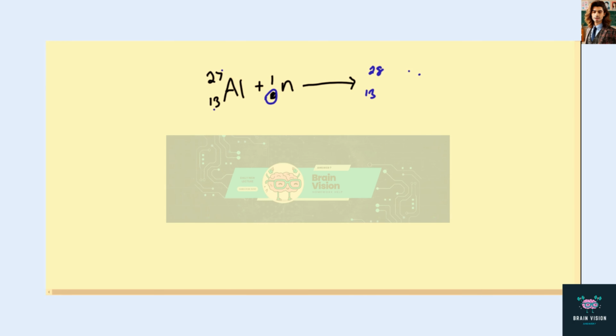Now, with that, we see that it becomes 28 aluminum here. And so this is what it becomes. And then we go with this one. So we have 28, 13 aluminum.